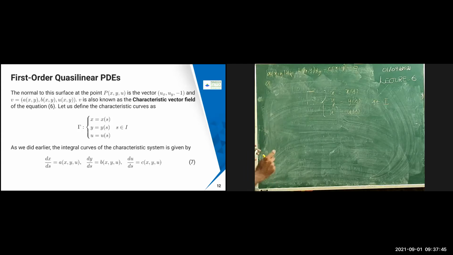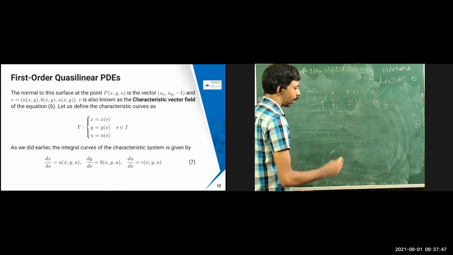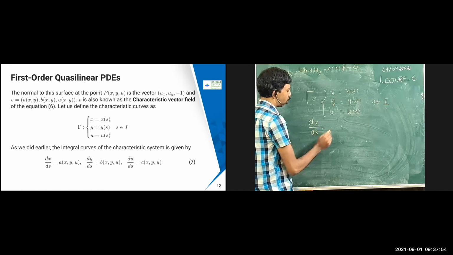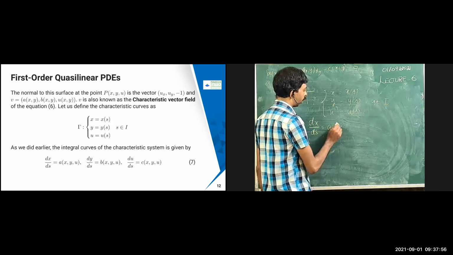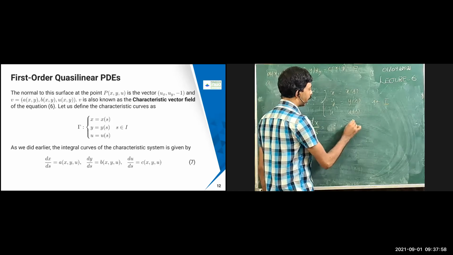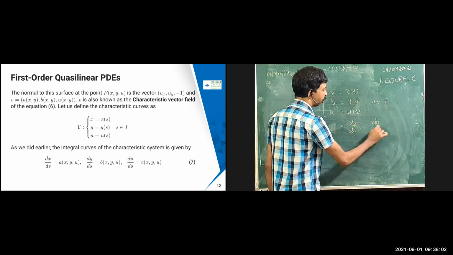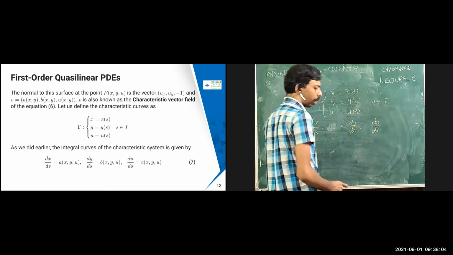In this case, what is the characteristic system going to be? You are going to find dx by ds, dy by ds, and du by ds.